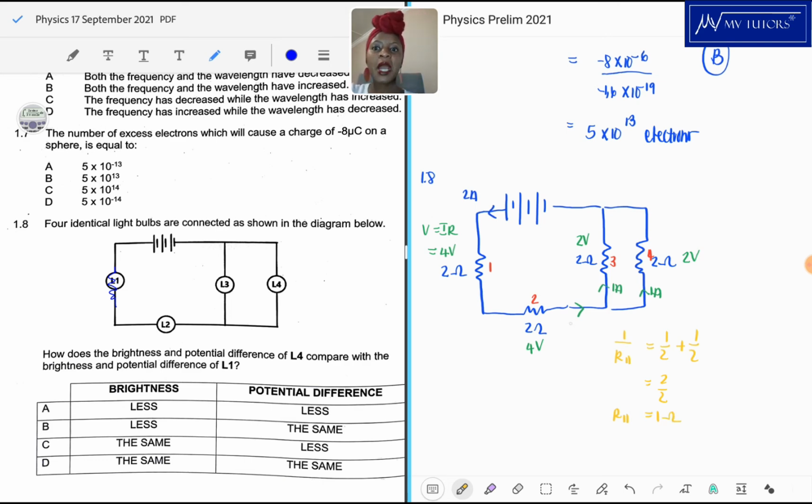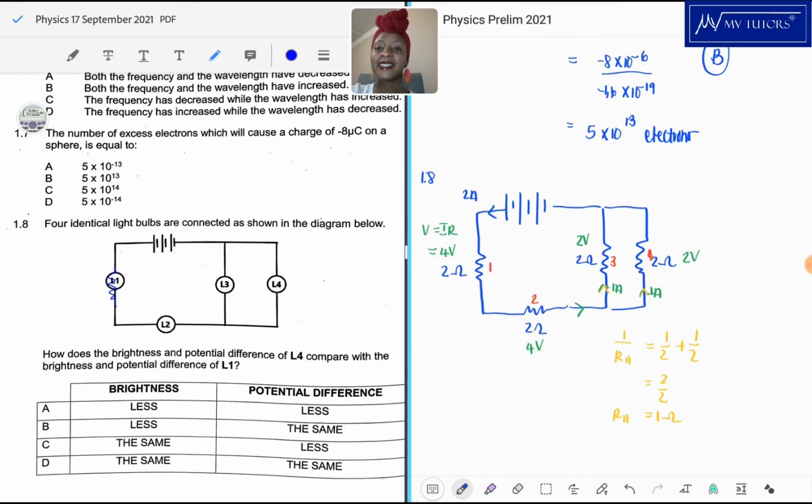So as the current separates, over here we have parallel resistors, where you have L4, your light bulb number 4, and you see that they actually have less resistance. If you have less resistance, then it will shine less. Your light bulb at L4 will shine less than the one at L1.